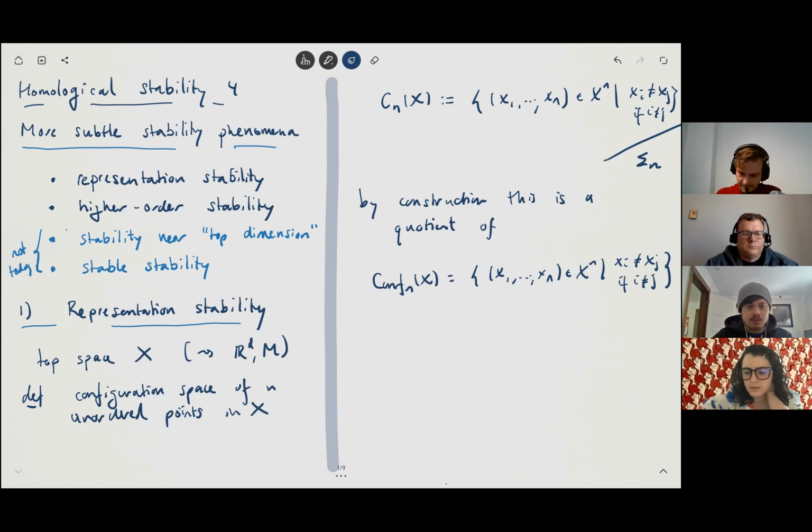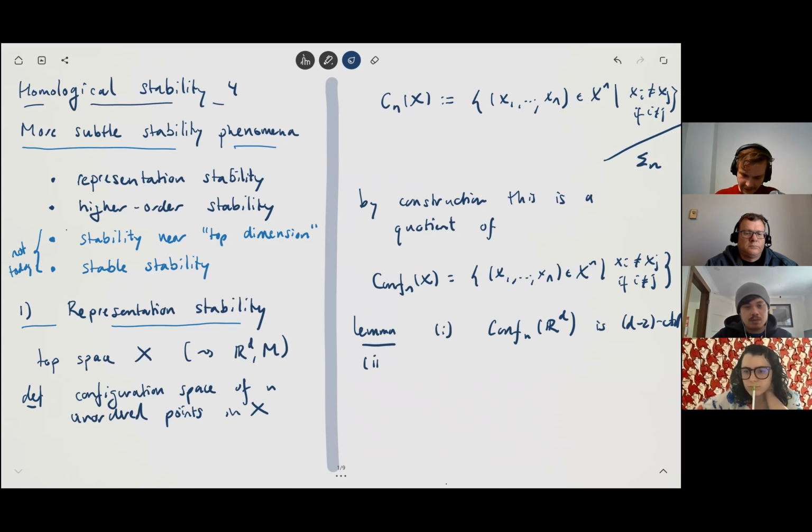Okay. So one reason we're introducing this is so that I can explain the relationship between the configuration space of unordered points and symmetric groups. What we'll use is the following lemma. It will say that this configuration space of ordered points in d-dimensional Euclidean space is d minus 2 connected.